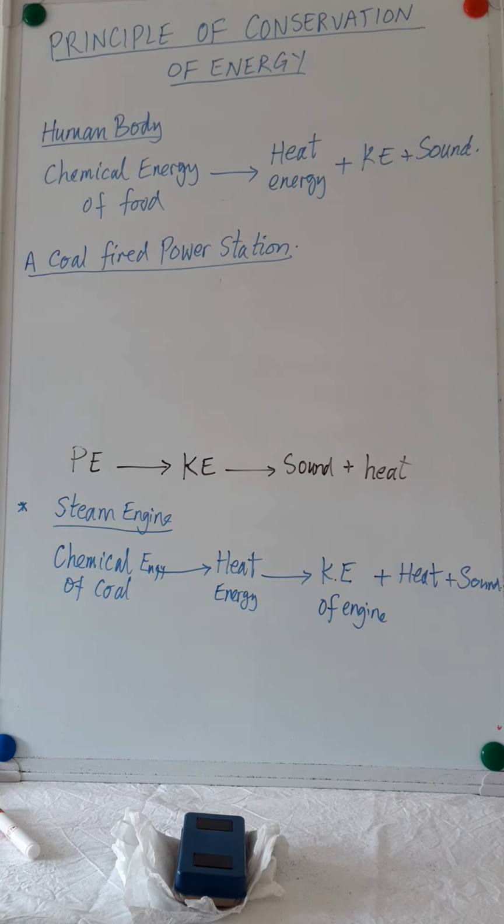When we burn coal, the coal changes from chemical energy to heat energy. We heat the water, which turns into steam, and steam drives a turbine. It's the kinetic energy of the turbine, and the turbine drives a generator, which produces electrical energy.